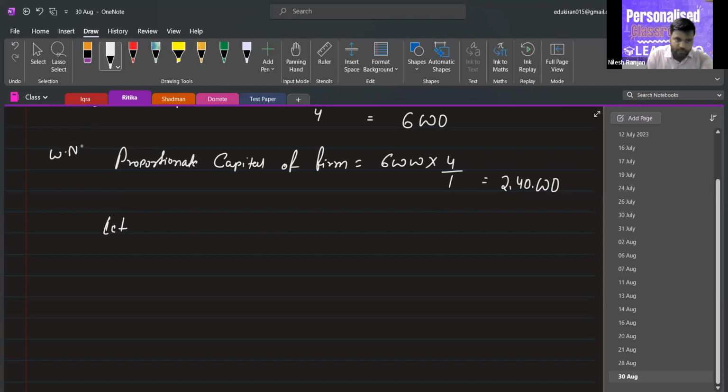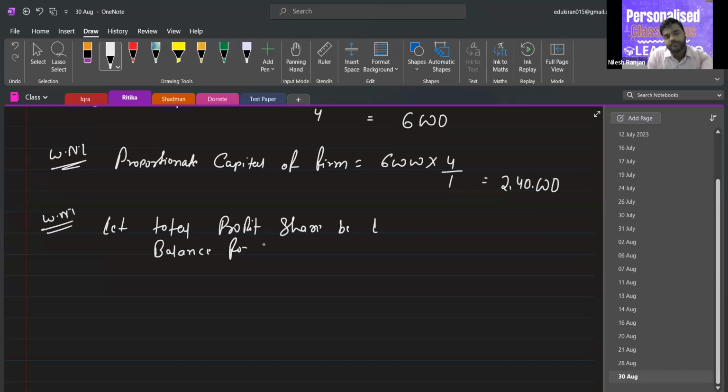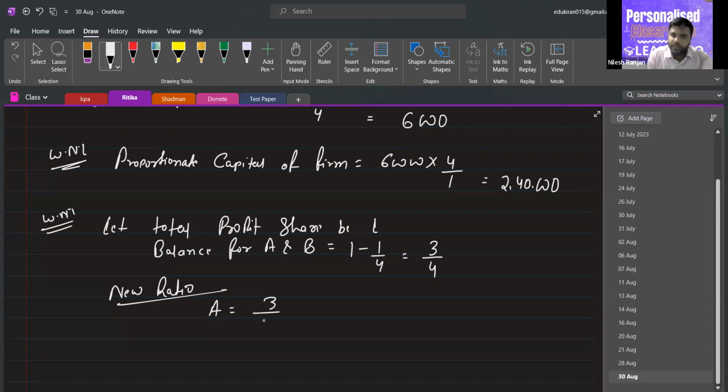This is our working note number 1. This is our working note number 2. Let total profit share be 1. Balance for A and B will be 1 minus 1/4, that is 3/4. Now, new ratio for A will be 3/4 multiplied by 3/4.